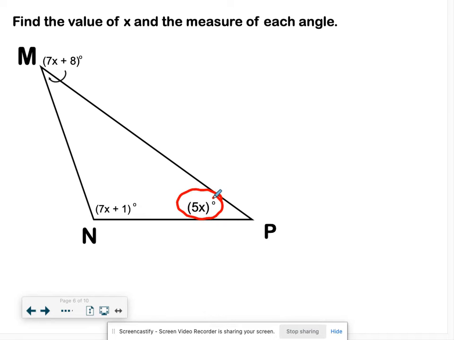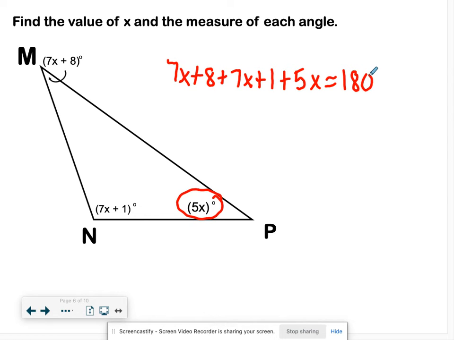But our job is to figure out what the value of x is and then plug back in to find each angle measure. So what do all three of these have to add to? 180. So let's write that out. Yes, we have to figure out how many x's we have.